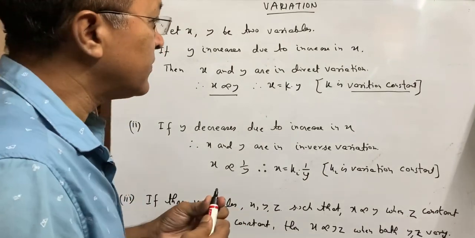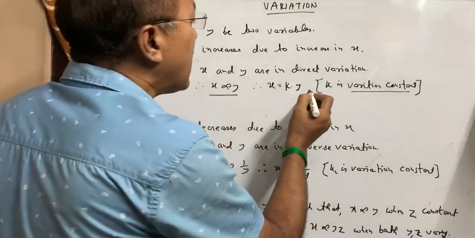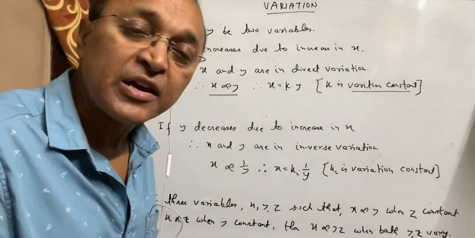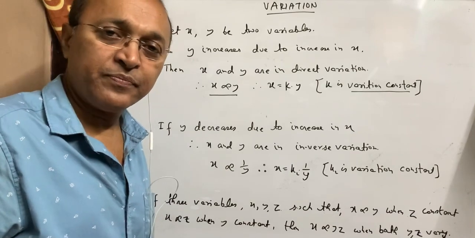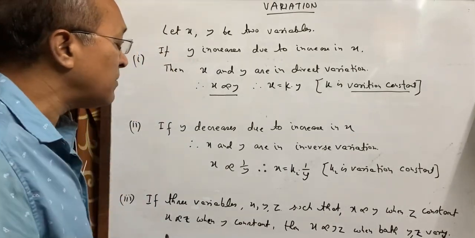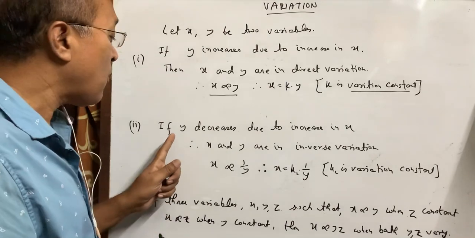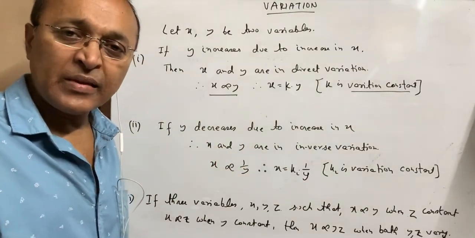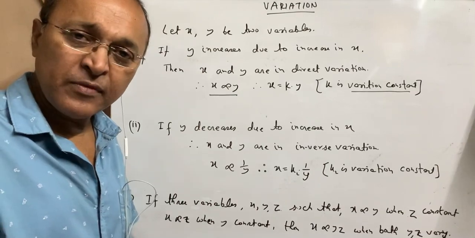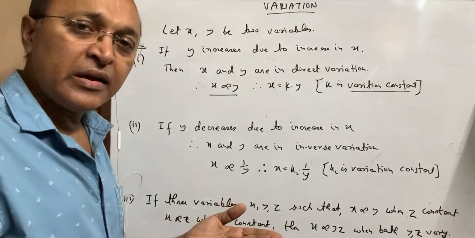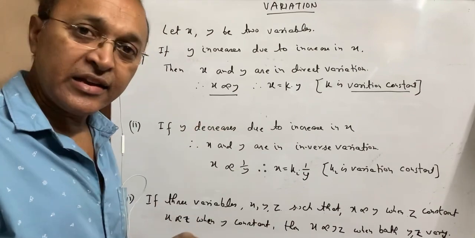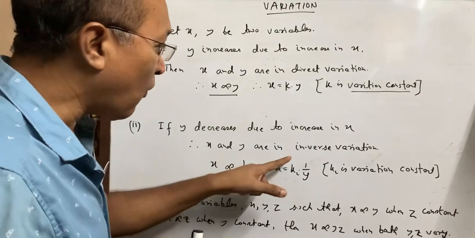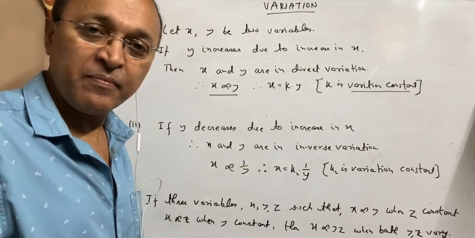K is called the variation constant. Now think about the second case. Say y decreases due to increase in x. There are two variables. One is found in increasing order, and if the other is in decreasing order, then they are called inverse variation.